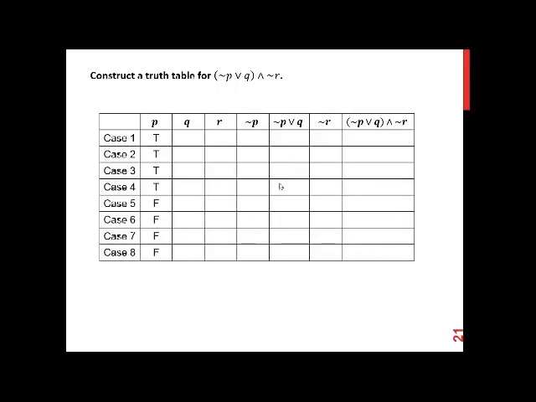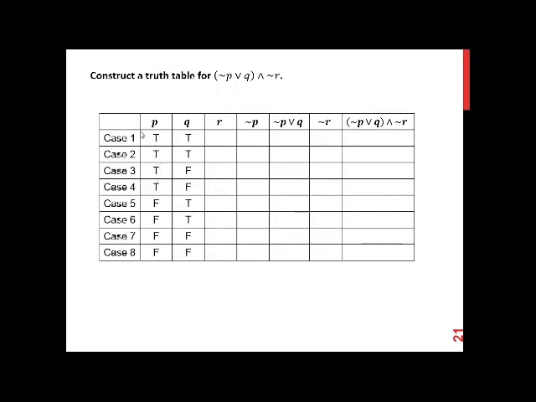We're going to make half of our cases true, and half of them false. Then I'm going to take the Q's, and half of my true P's, so I'm going to do a true, true, false, false, and then true, true, false, false.